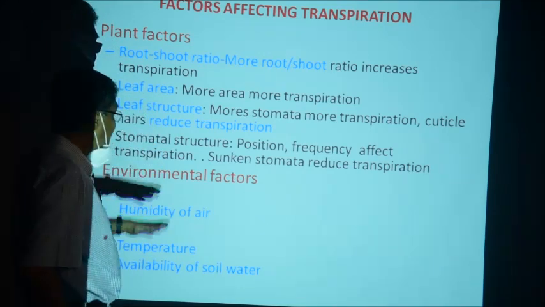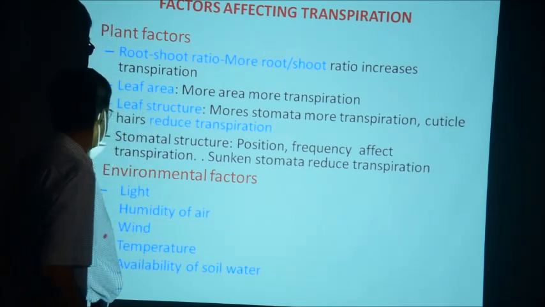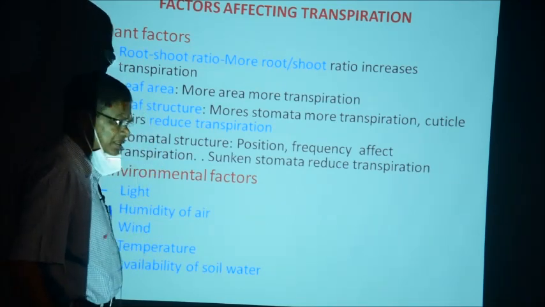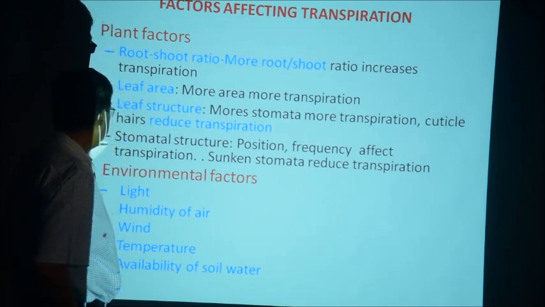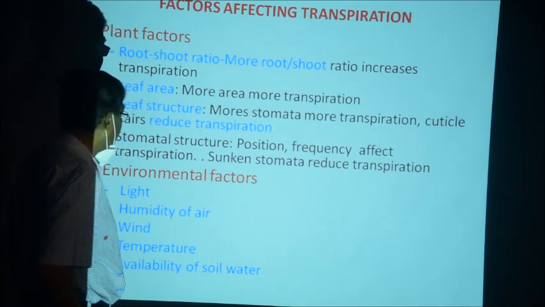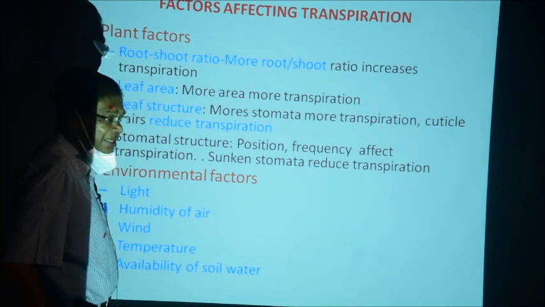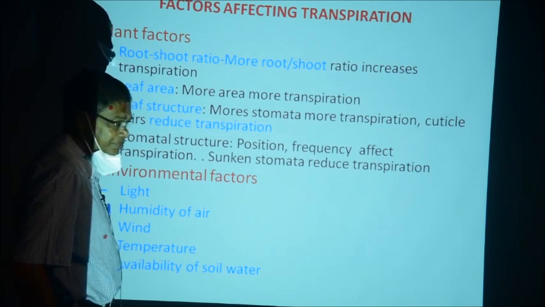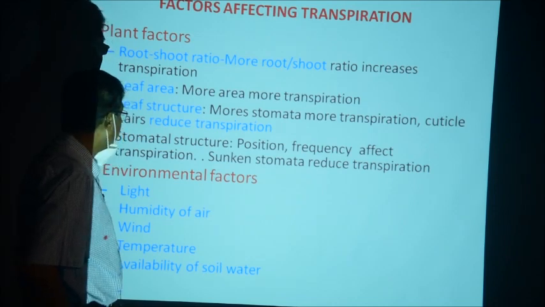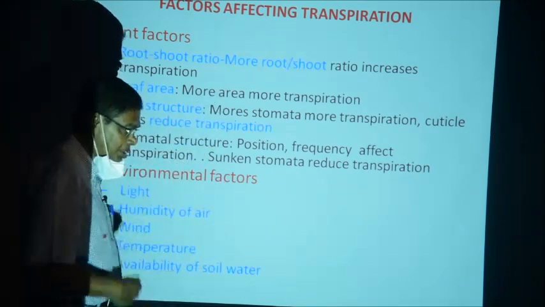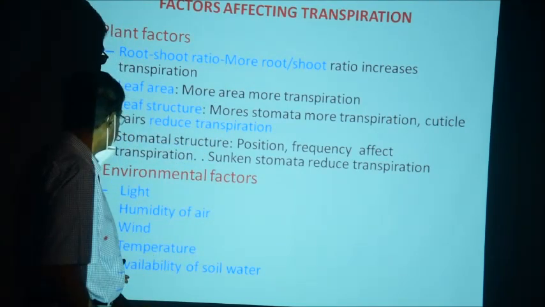Now, what are the factors affecting transpiration? This is not that vital, but you remember, if the shoot root ratio is more, then there is increase in transpiration. If shoot is more, root is less, then there is more transpiration. Leaf area more, then transpiration is more.